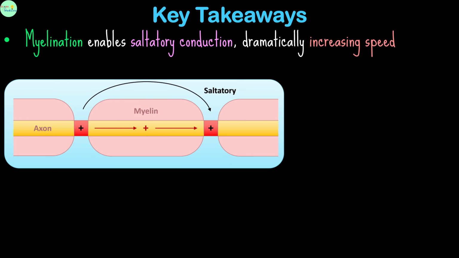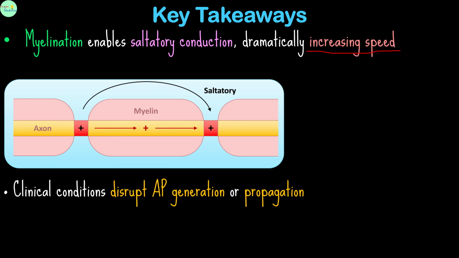Myelination enables saltatory conduction, dramatically increasing conduction velocity. Clinical conditions including demyelinating diseases, channelopathies, and neurotoxins disrupt action potential generation or propagation, demonstrating the critical importance of this fundamental physiological process for nervous system function, muscle contraction, and sensory processing.